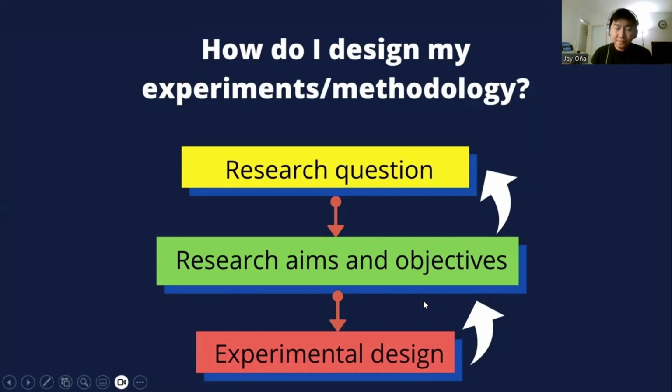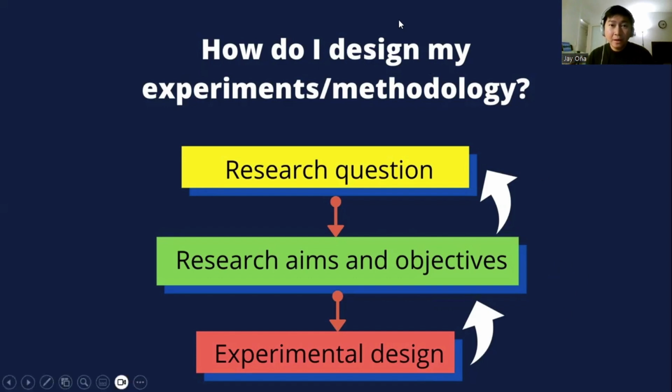So somehow the experimental design is the tool that we use to answer the research question, and they are really tied up very tightly to each other.